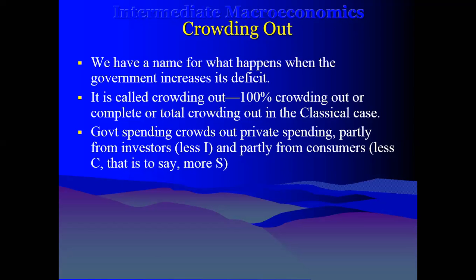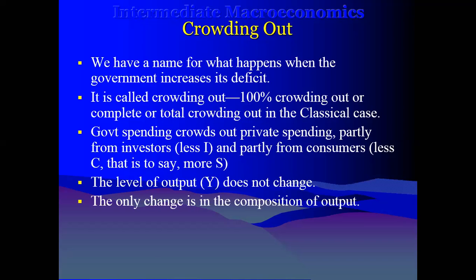As soon as there's an increase in government expenditure, there's going to be a fall in investment and consumption, which is exactly the same as the initial increase in government expenditure. So under this system, we say that there's 100% crowding out, which means that there's not going to be any change in output. Nothing is going to change.